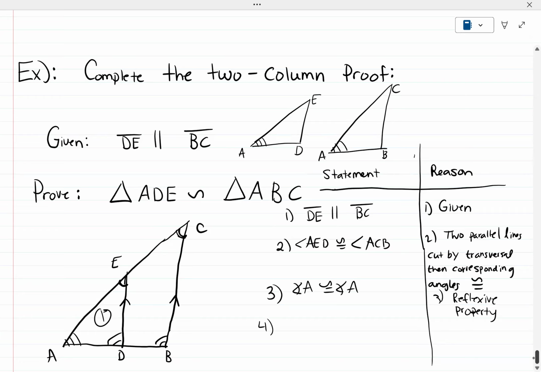Last statement, basically proving why. The last statement is triangle ADE is similar to triangle ABC, and the reason why is the AA similarity postulate.